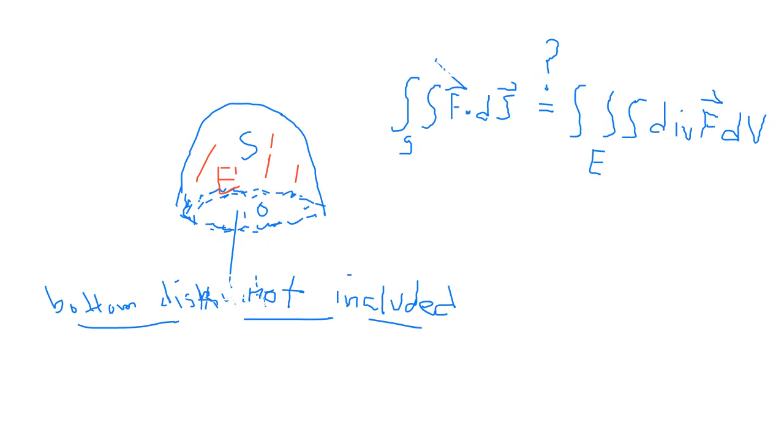That's right, Robin. You cannot use the divergence theorem. The divergence theorem is only true for closed surfaces. And so to find the flux for this open surface, you'd have to use what you learned in section 13.6.